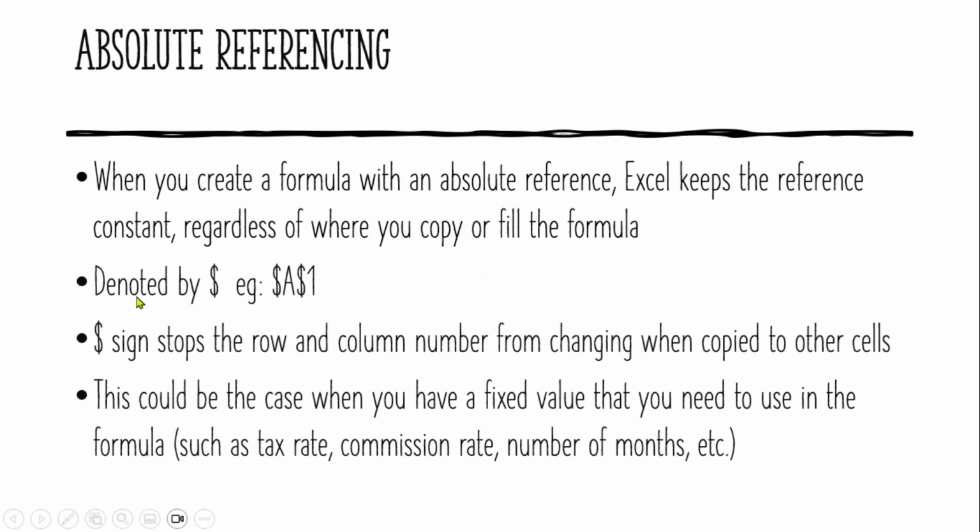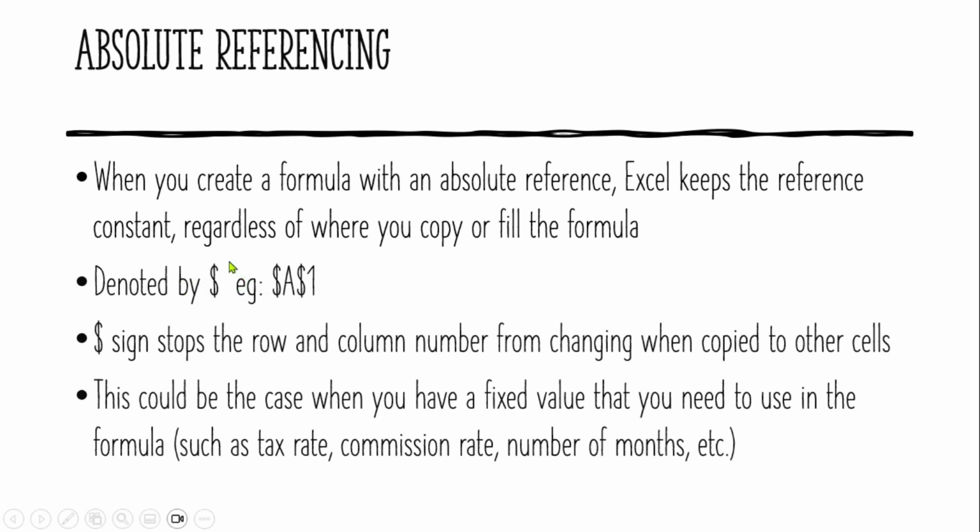So we freeze or lock it by the dollar sign. We have to press F4 to lock or freeze the formula. We have already seen this in the practical example. The dollar sign stops the row and the column number from changing when copied to other cells.